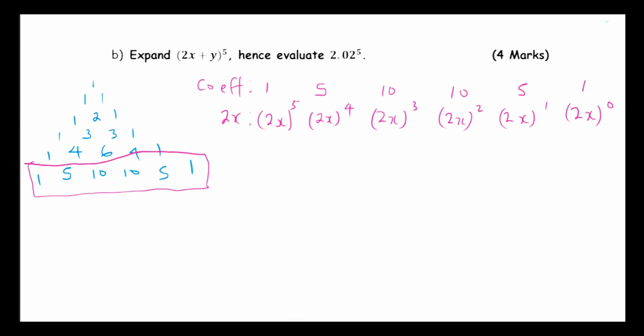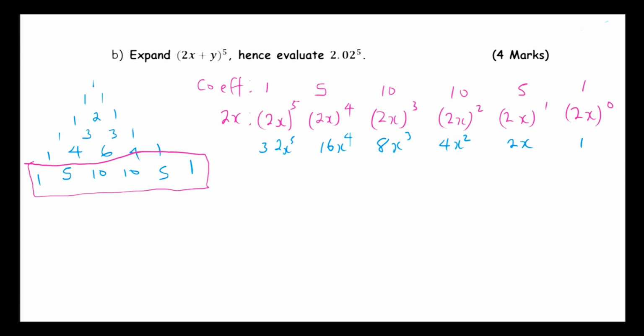So it is advisable to simplify this. So we have 2 power 5, that is the same as 32. Then we have x power 5, then that is 16, then x power 4, this is 8, x power 3, this is 4, x power 2, this is 2x, and this is just 1.